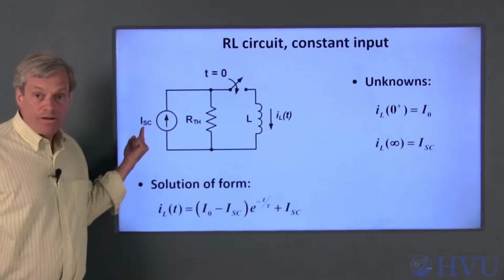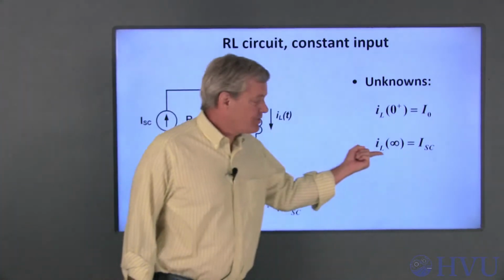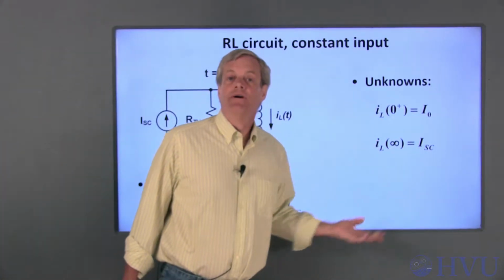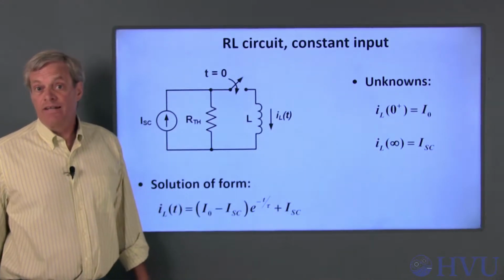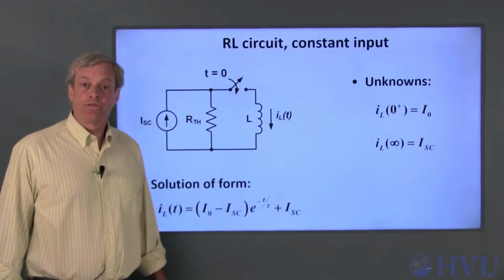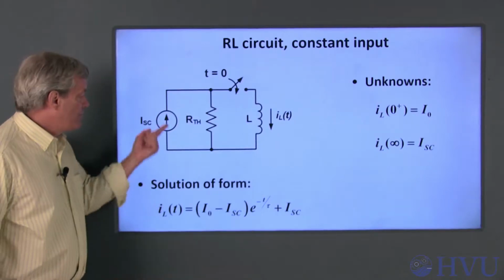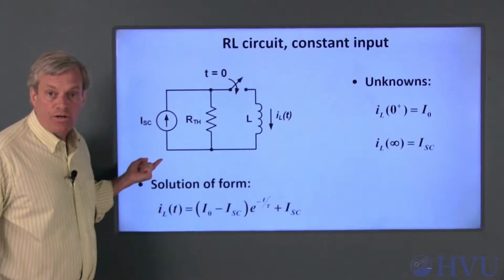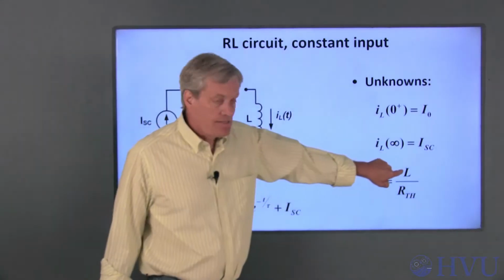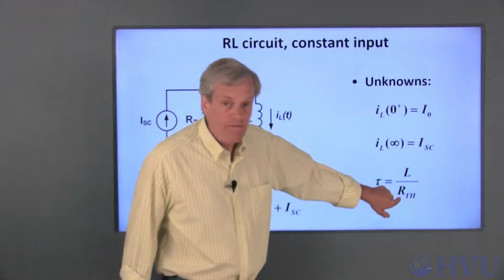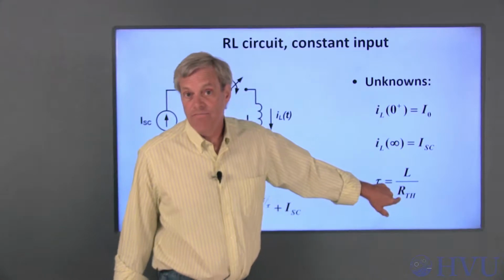The short circuit current, ISC, is the inductor current as time goes to infinity. For a constant input, the inductor current will eventually become a constant, the inductor will behave like a short circuit, and the inductor current is the same as the short circuit current. Finally, as we've already seen, the time constant is equal to the inductance divided by the Thevenin equivalent resistance seen by the inductor.